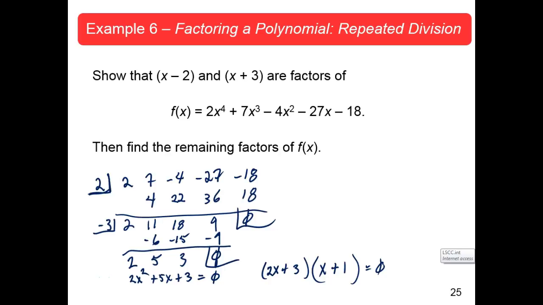Excellent. Way to go. Now, could you have started your synthetic division with this one if they hadn't given you the other two? Yeah, no problem. Could you have started with this one? Why not? Yes, to do synthetic division, you have to have a coefficient of 1 and an exponent of 1. This has a coefficient of 2. You cannot start your synthetic division with the 2.